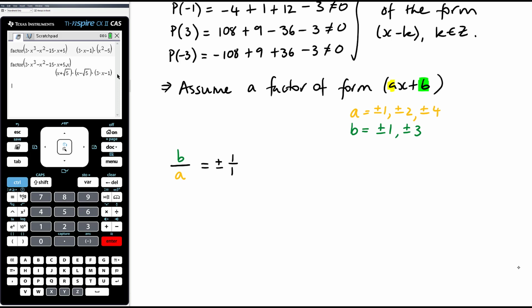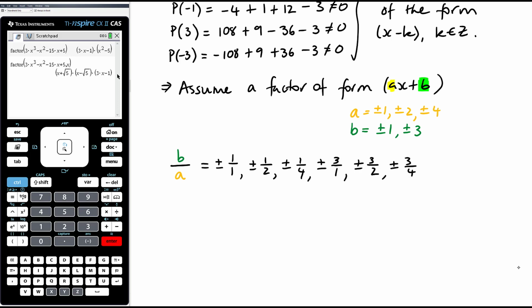I'm just going to fix the b value as 1 and run it through the other a options. We could have plus or minus 1 over 2, plus or minus 1 over 4, or we could have plus or minus 3 over 1, plus or minus 3 over 2, plus or minus 3 over 4.